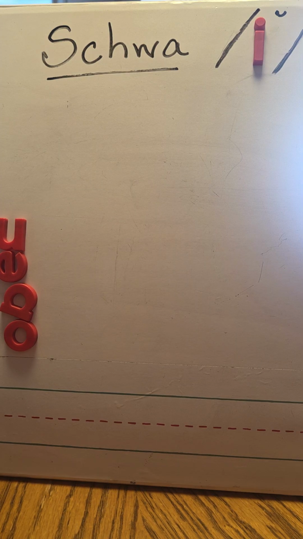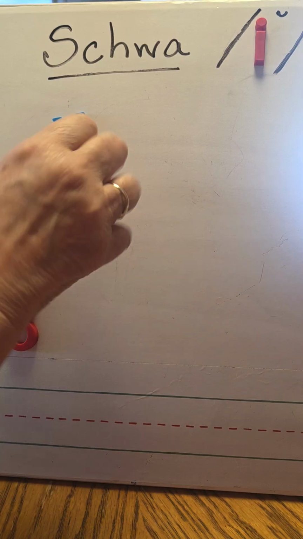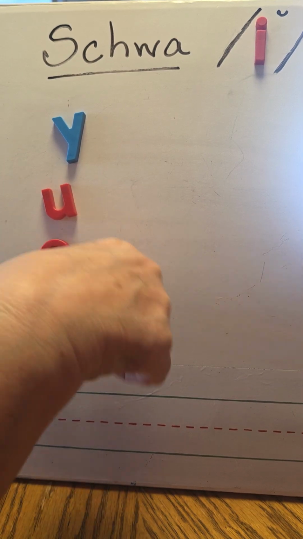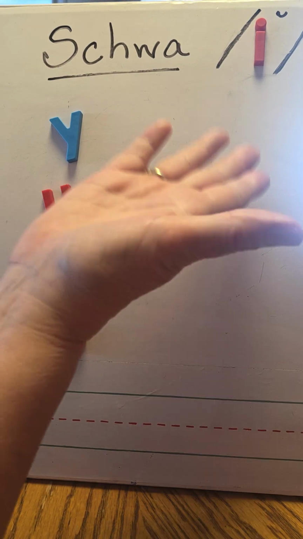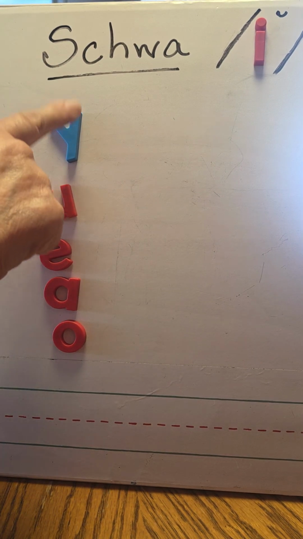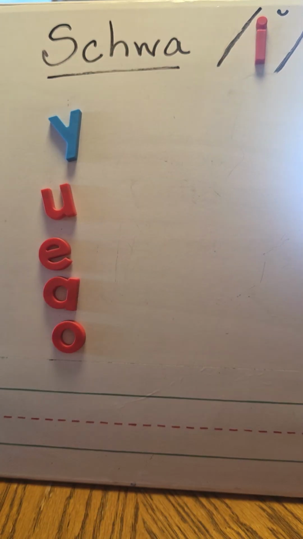So I'm going to put the Y up there, and you're going to notice it's not red. It's not a vowel, but it can often be paired up with a vowel and do the job of a vowel. And some of our words have Y, and it's making this schwa sound.